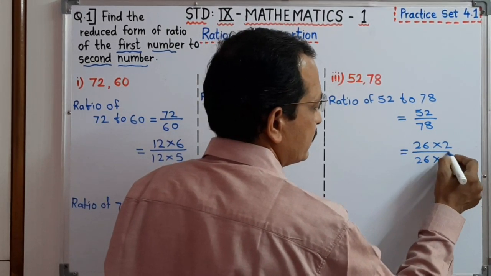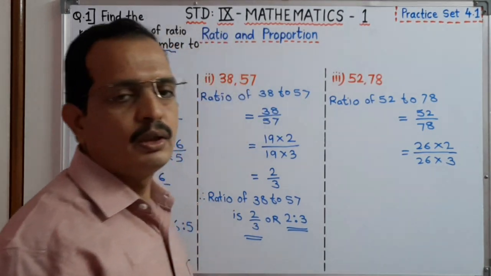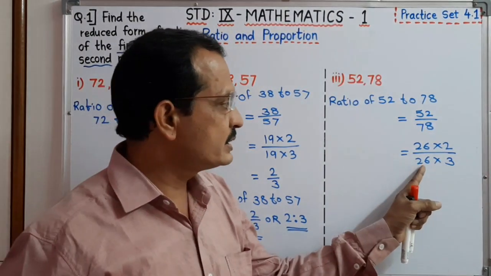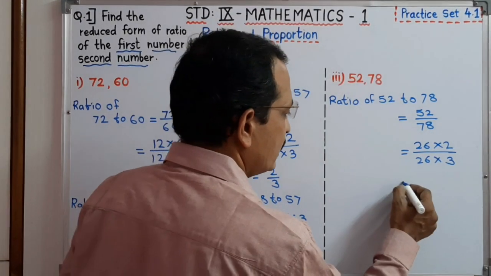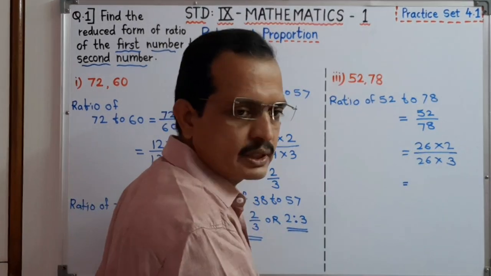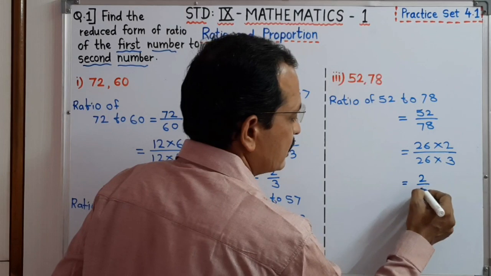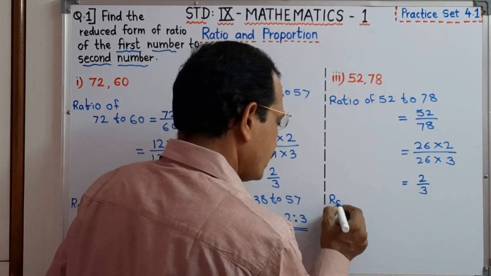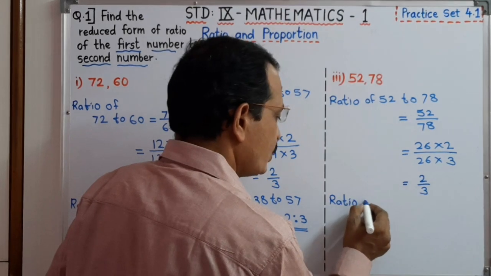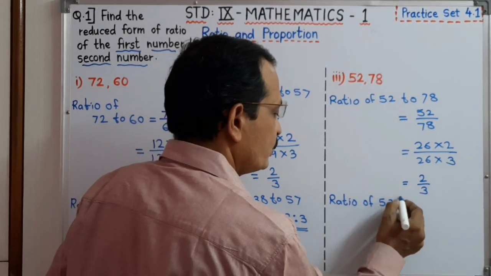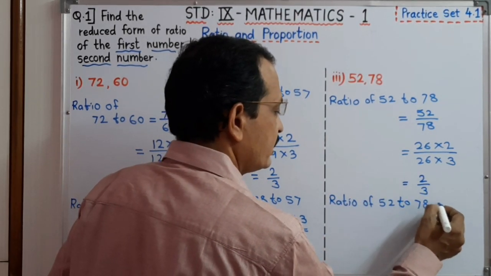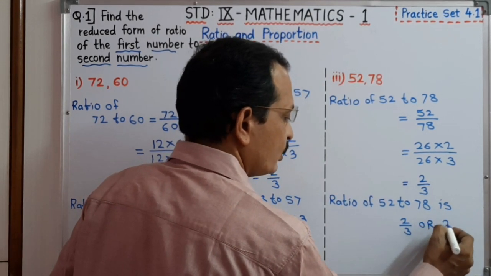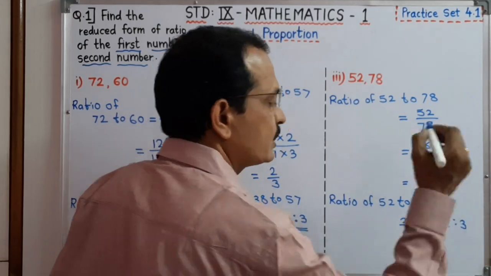Got it? Now see, 26 twos are 52 and 26 threes are 78. Therefore this 26 gets cancelled. The final answer is 2 upon 3. Then we have to write: therefore ratio of 52 to 78 is 2 upon 3 or 2 is to 3.